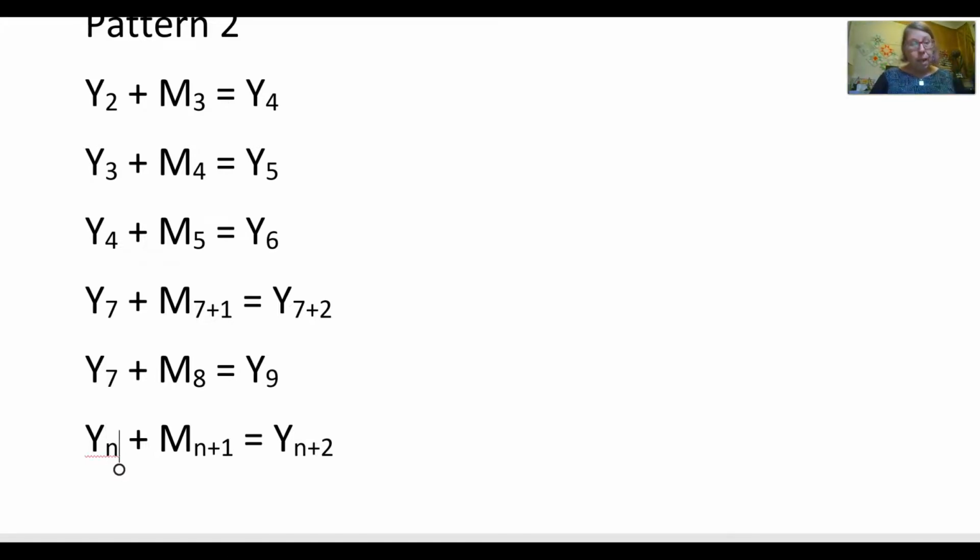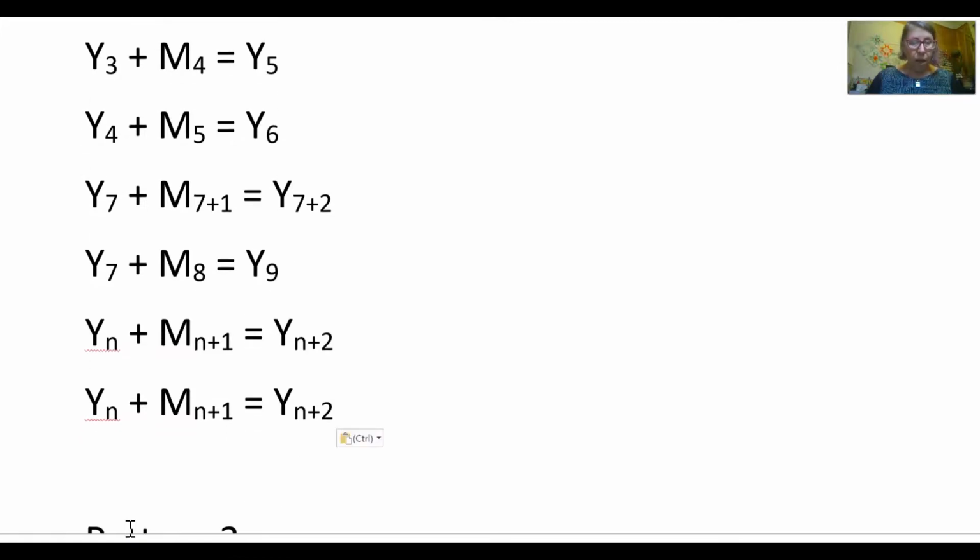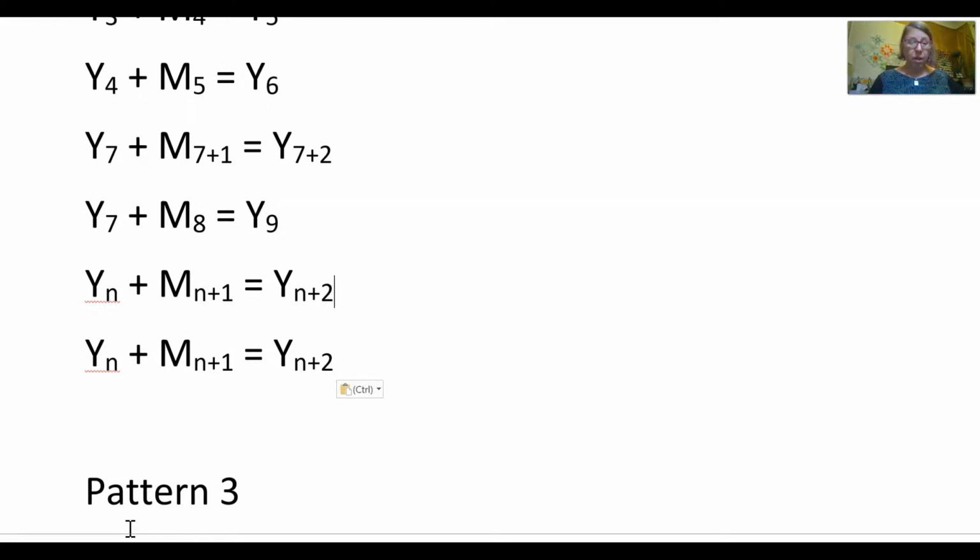So maybe n is 4. Let's test if our formula here is correct by putting 4 in for n. So I'm going to copy my formula. And remember how I made the formula. I made the formula looking at this line here, going, whatever I do to 7, I'm going to do to n instead. So I put n where the 7 was, right?